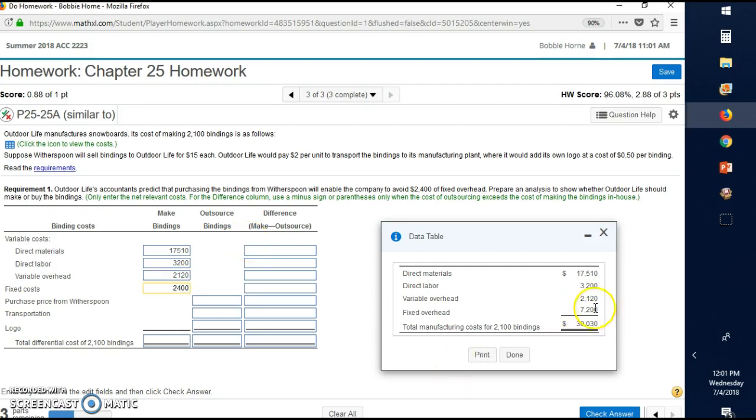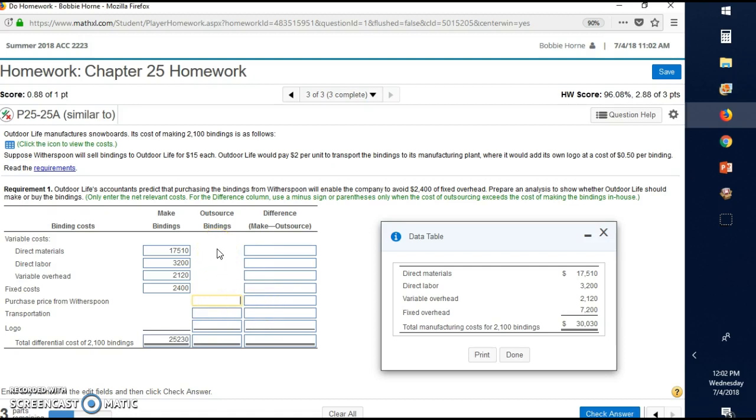Do not put the full amount, because we're going to have some of this overhead regardless if we make the bindings or not. But the amount that pertains directly to the bindings is the 2,400. So if we add these up, and always have a 4-function calculator out to save you time, I got 25,230. I'm working this quickly so we don't run out of time.